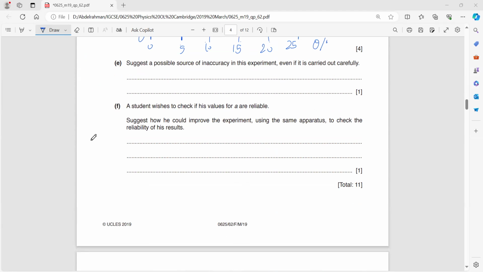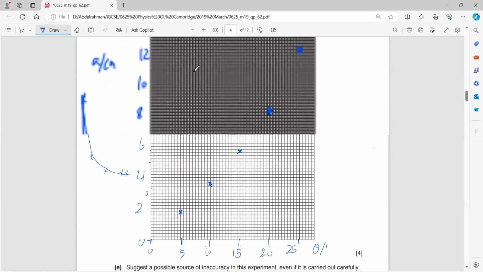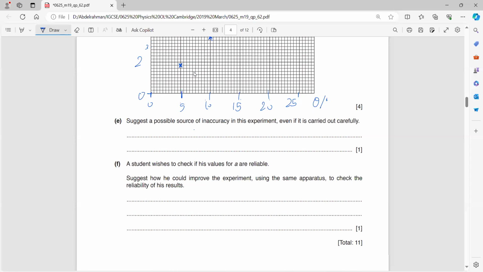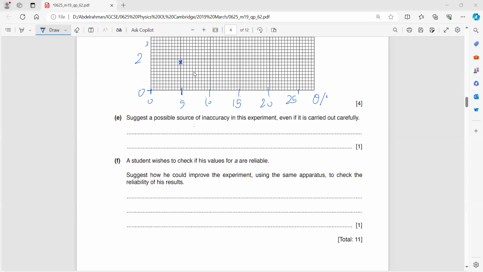Suggest a possible source of inaccuracy in this experiment. The last point was inaccurate. What is one possible source of inaccuracy for this experiment? For example, if you have a mirror, one of the more famous possible sources is the thickness of the mirror.